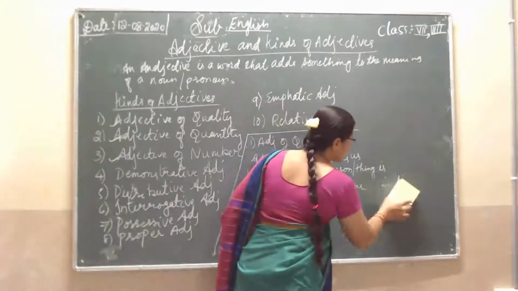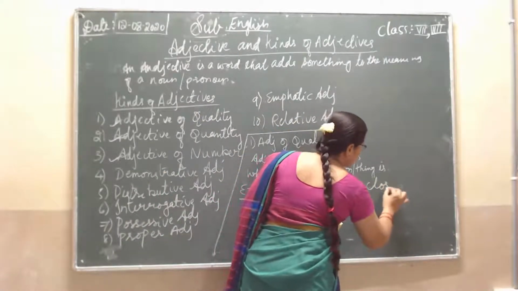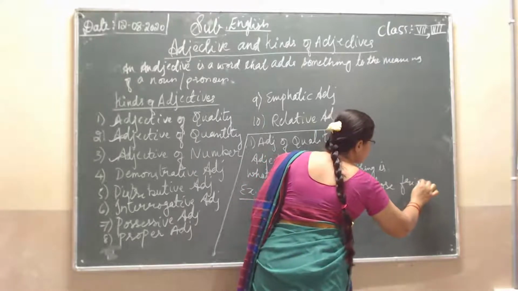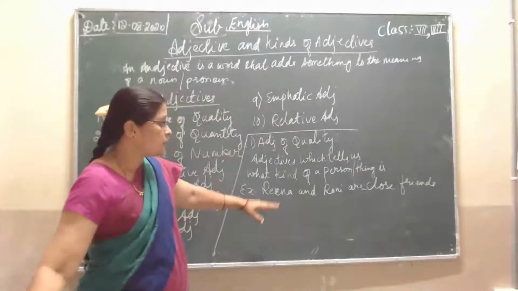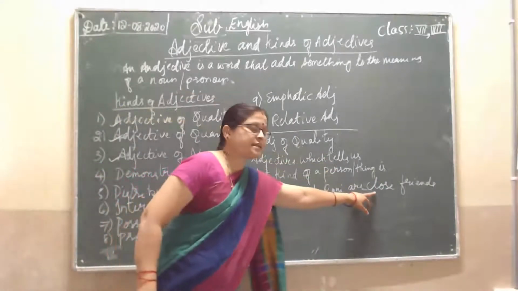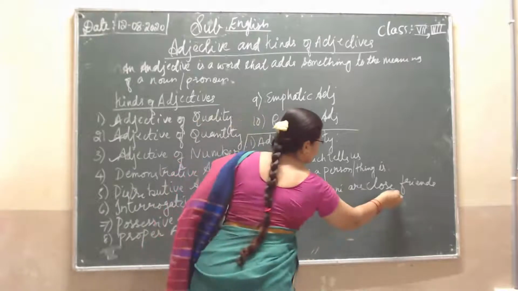We are describing something here about Reena and Rani, that is they are close friends. Is it clear? This is what the quality is expressing, that is close friends. This is the adjective here.